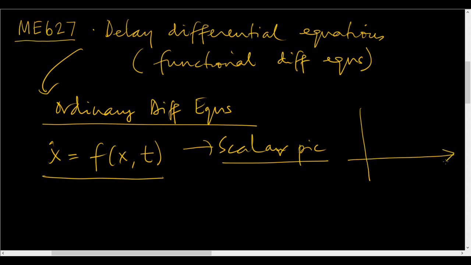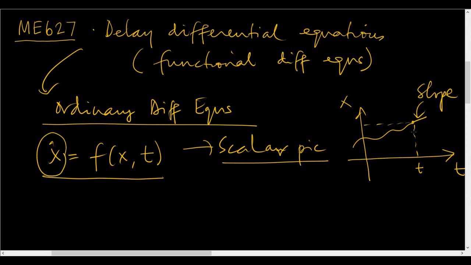This is t, this is x. You have an evolving solution. At some time, this x has some value, right? And the slope here, this slope is x dot, and it depends explicitly on this time and on this x.